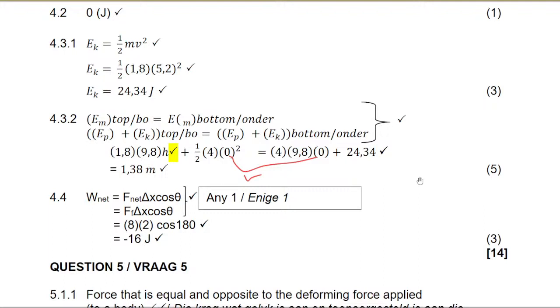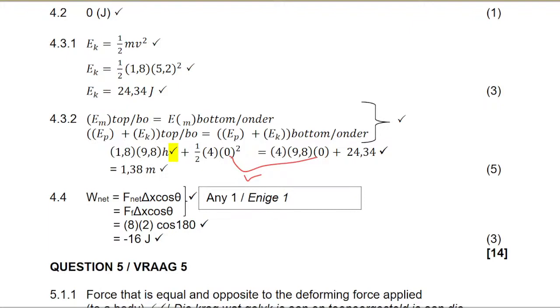But we can compromise for now by saying we can give any side a 0, and then that 24.34 will be a bonus, and the answer will be 1.38 meter. Which is 5 marks instead of 4 marks in the question paper and the previous memoranda.